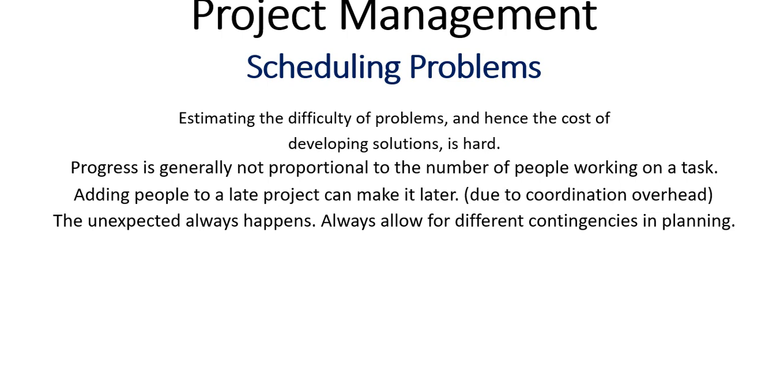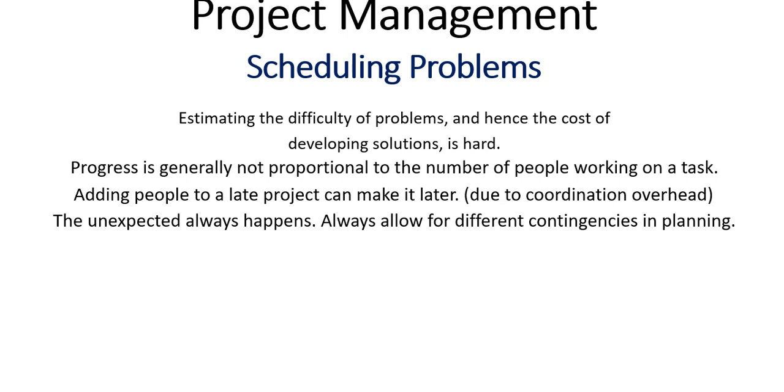You have your expert. If you have a single expert working on something and none of the other members know anything, then if that person gets sick, what happens? It means progress is paused.